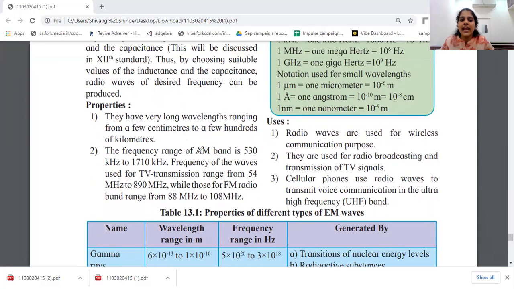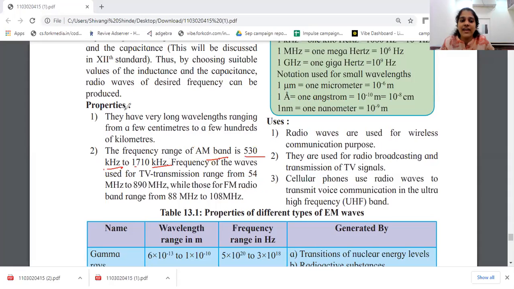The frequency range of AM. Students, what are AM and FM? You know FM radio, right? So AM, FM radio operates in this radio wave band. All the frequencies of your radio channels, and you can see the frequency range of the AM band is 530 kilohertz, small k stands for kilo, to 1710 kilohertz.